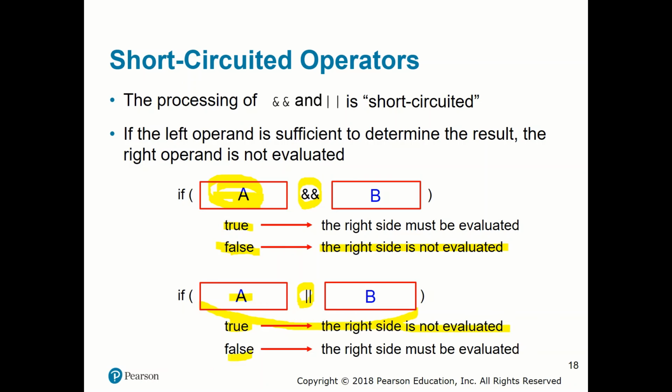But if A is false, then the whole result depends on the value of B. If A is false, then the right side must be evaluated. Because if A is false and B is true, then the final result is true. If A is false and B is false also, then the final result will be false.